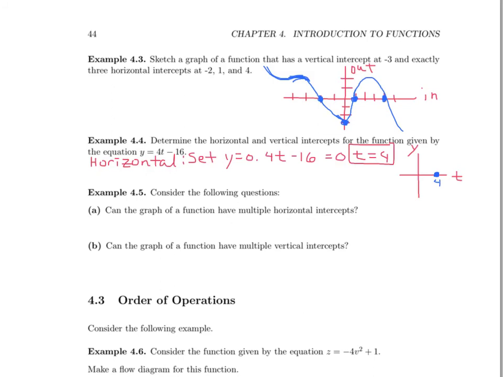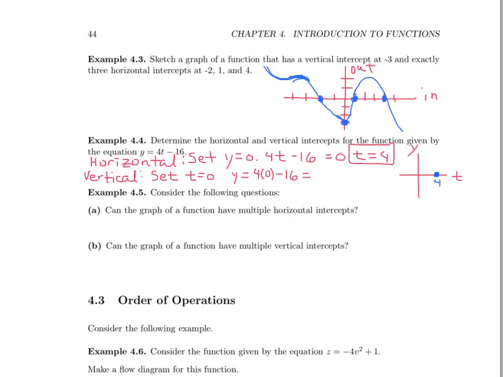Now let's look at the vertical intercept. To determine a vertical intercept, we have to set the input equal to 0. In this case, that means we set t equal to 0. If I replace t with 0 in the equation, I arrive at y equals 4 times 0 minus 16.